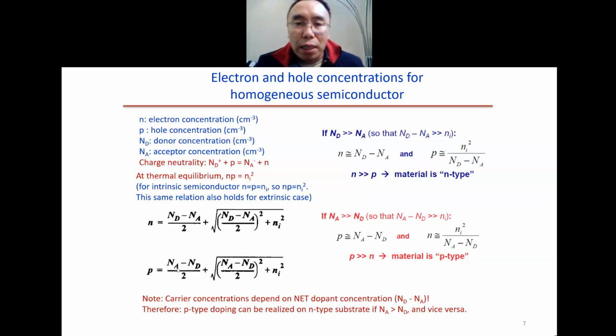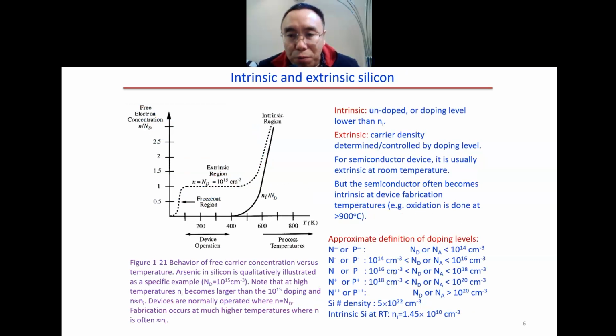Now we look at different cases. The first case is n-type doping. For n-type doping, ND is higher than NA. The doping level is something like 10 to the power 14 or 10 to the power 16 even for lightly doped, which is much higher than Ni. Ni is only 10 to the power 10.